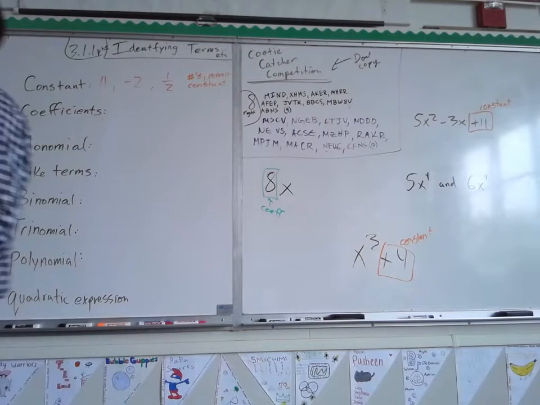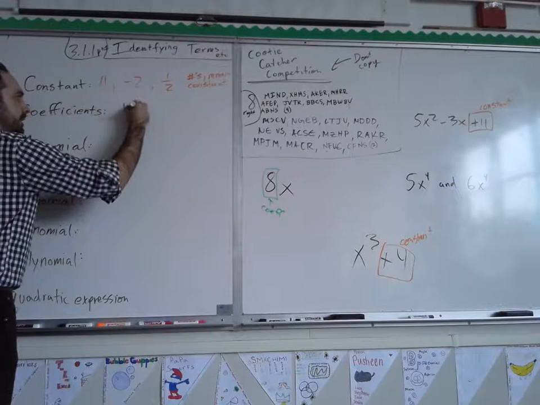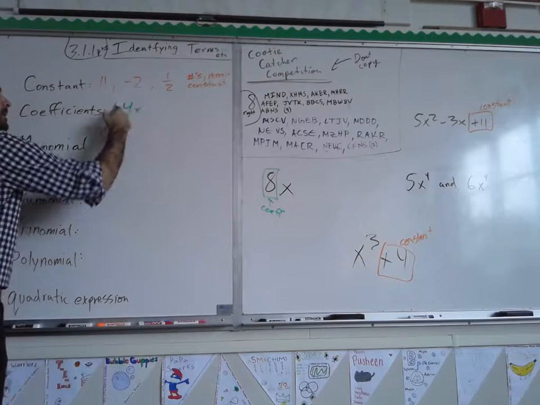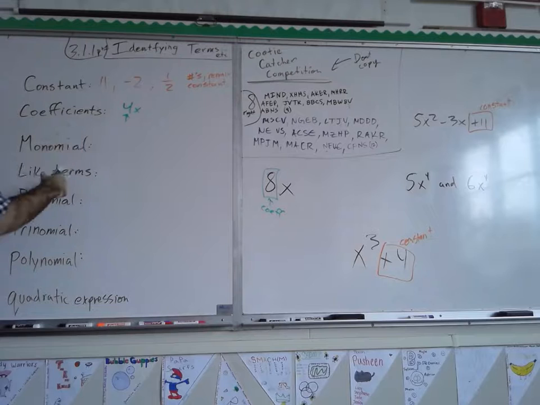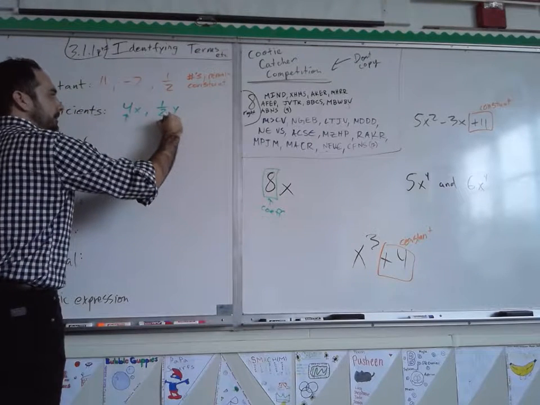So let's just put some coefficients. You need to put an arrow to the number out in front because it isn't the entire term. The entire term is another one of these that we'll get to soon. The coefficient is just the number out in front. And we've been using that language, so I hope this is somewhat of a review.